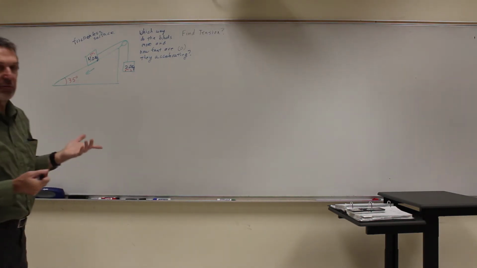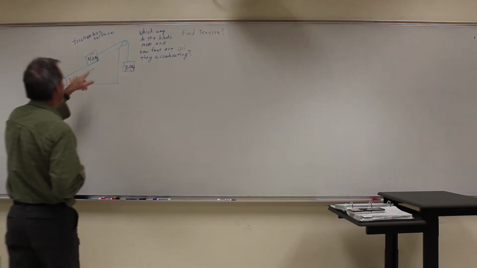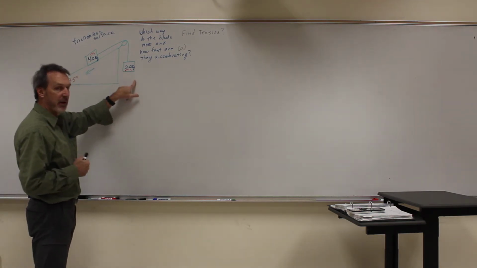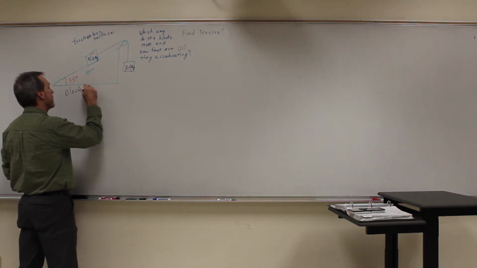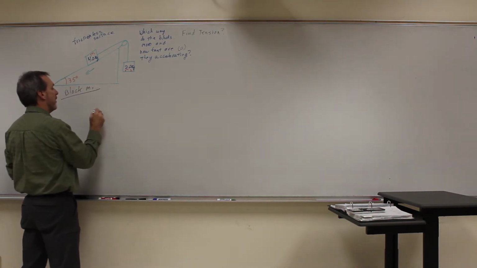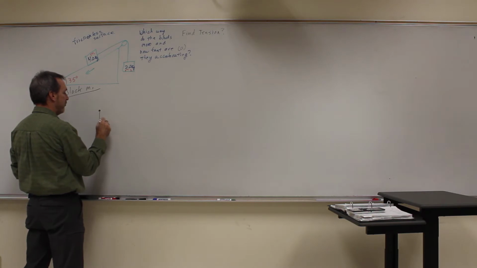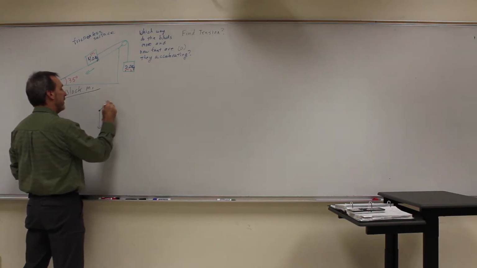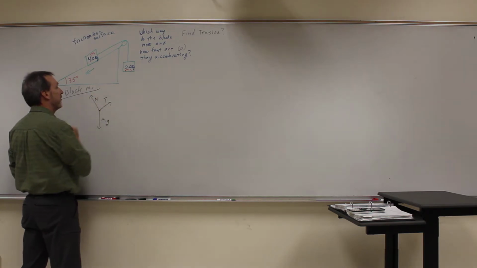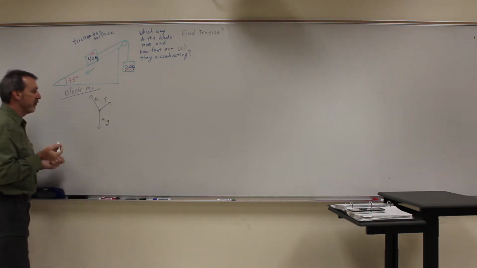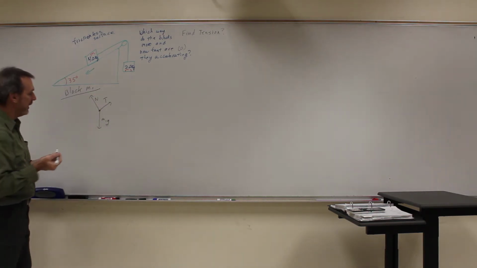The way to start is the way we start all of them. We're going to start out with free body diagrams. I call this block M1 and this block M2. So for block M1, our free body diagram has M1g going this way, tension going up the incline, and the normal force perpendicular to that. Since there's no friction, that's all we have.